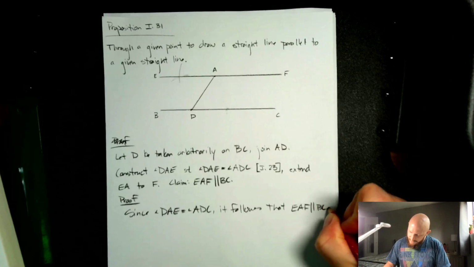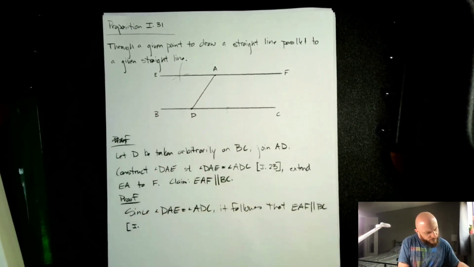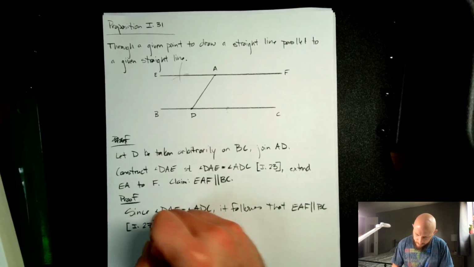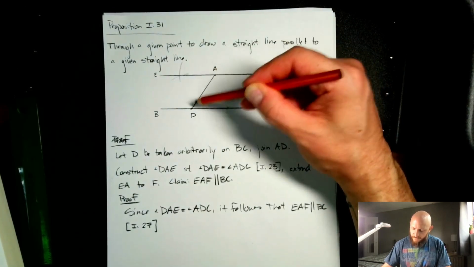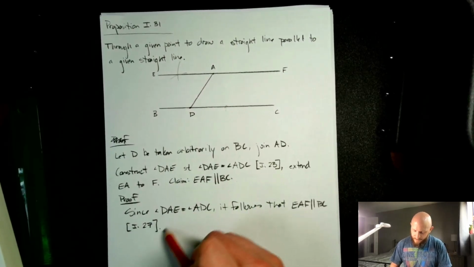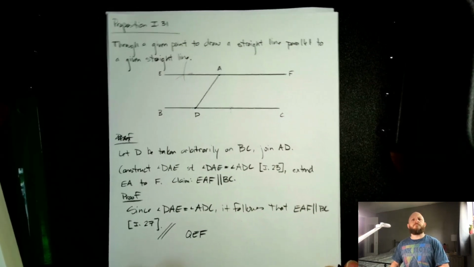It's parallel to BC, and that comes from proposition 27. Since this angle is equal to this angle, the lines are parallel. And that's what we needed to do. QEF.